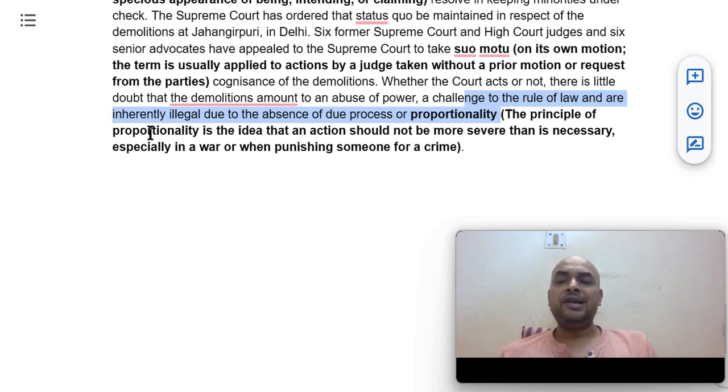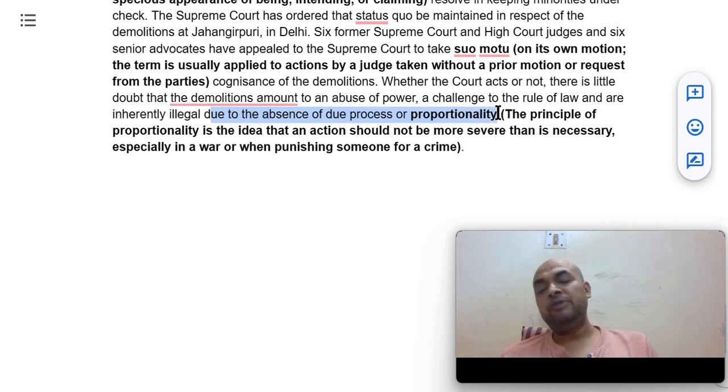So they are inherently illegal because there is no due process of law which they are following, or the principle of proportionality which they should be following.